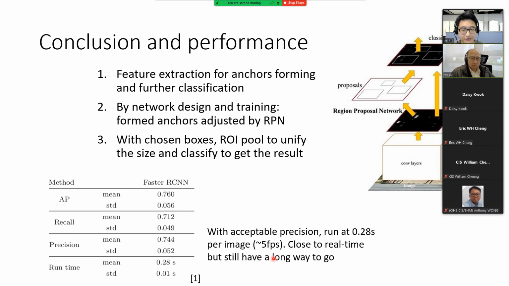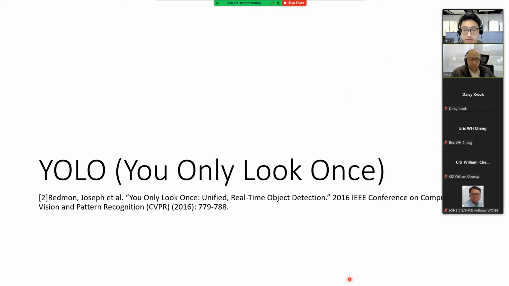It has a very long way to go actually. So what does real-time mean? It means at least 24 or 25 FPS, because films are also shot at 24 or 25. So it has a long way to go.